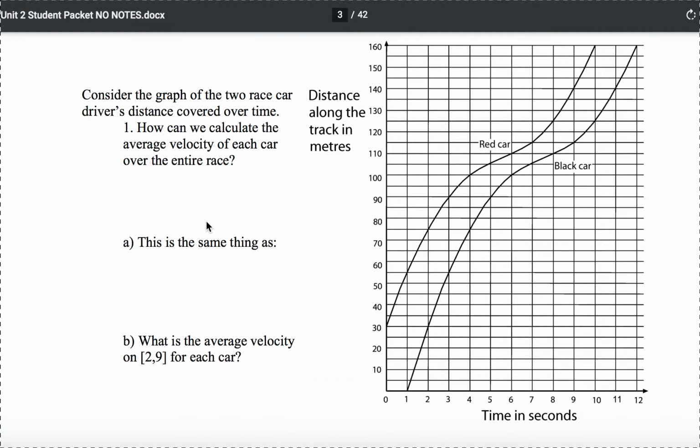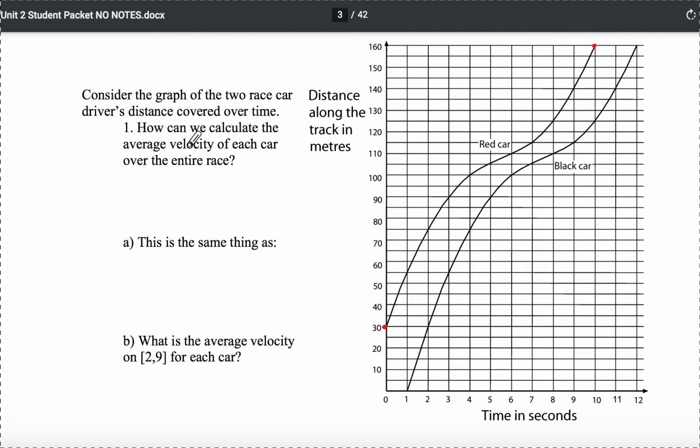Well, the entire race for each of the cars is a little different. For our red car, the points here and here represent the beginning and the end of the race. But the y-axis measures distance.